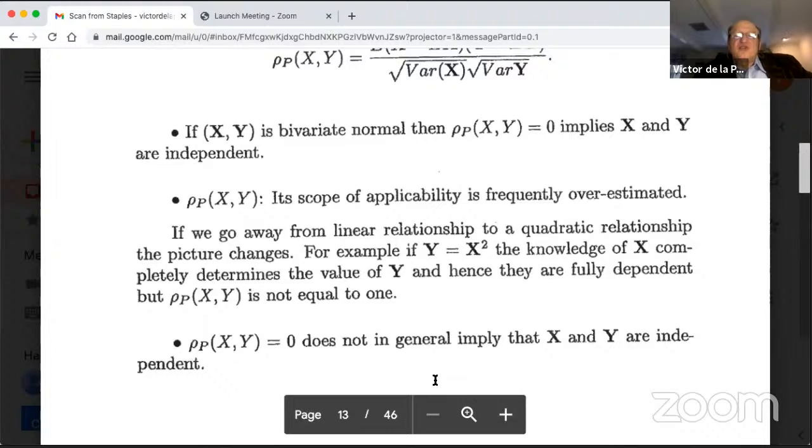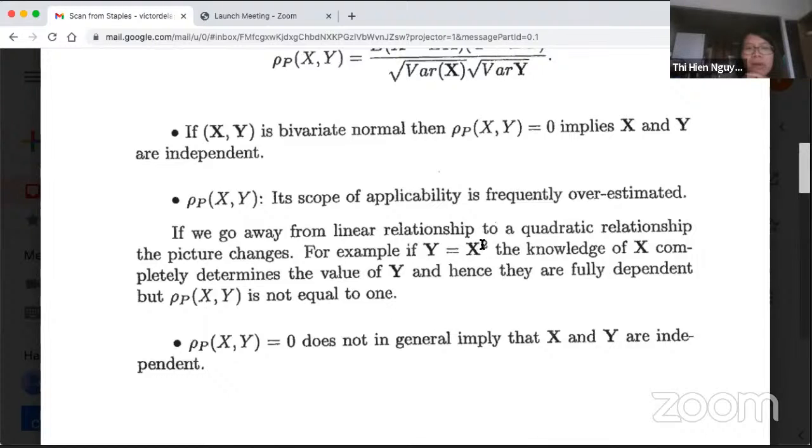The relationship between x and y here is deterministic, they are completely related, but the correlation is not 1.